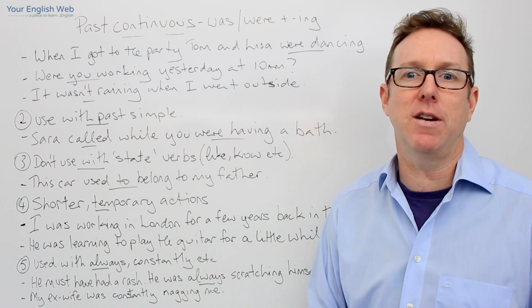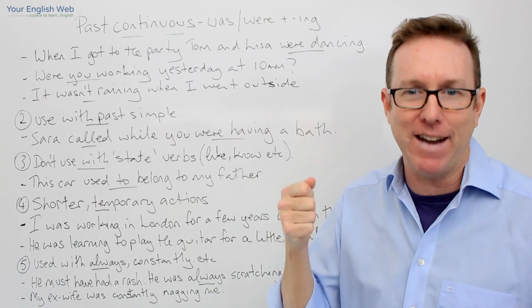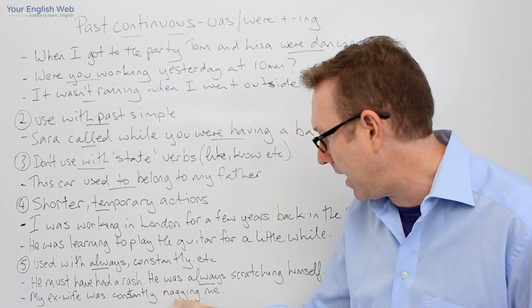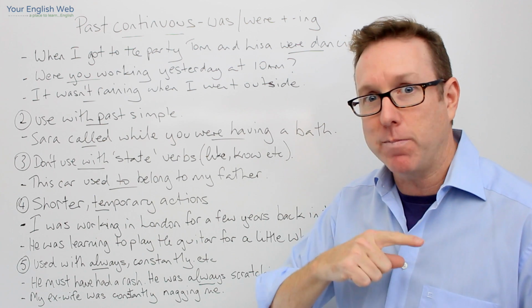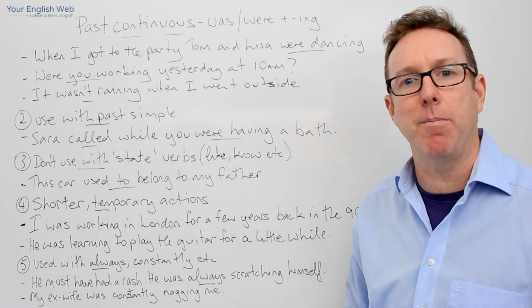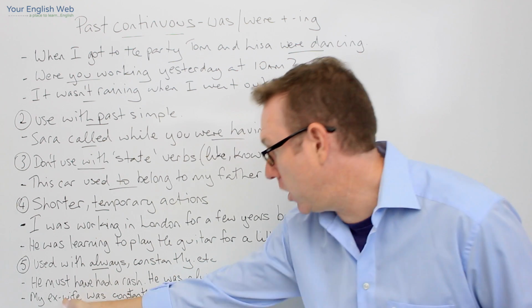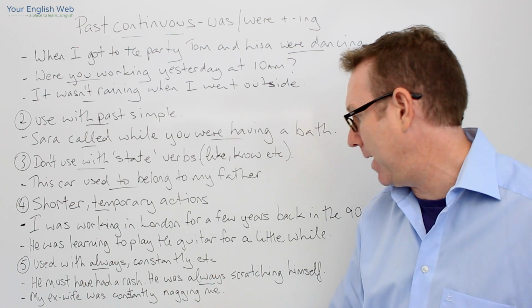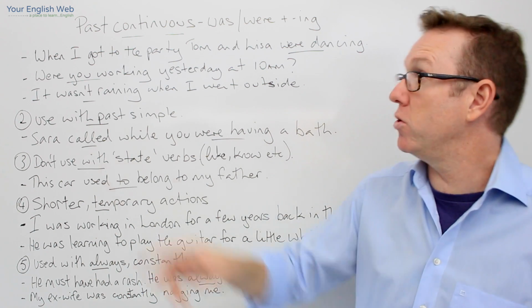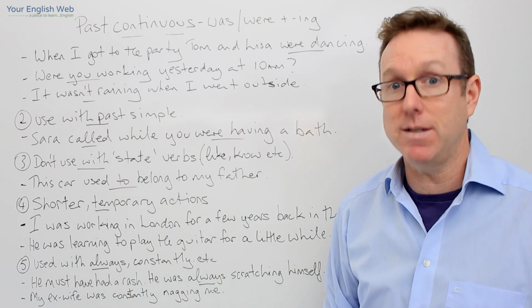She was constantly nagging me. Bang, bang, nag, nag, nag, nag, nag. When I was married to her, my ex-wife, she was constantly nagging me. It's probably why we got divorced, because she was constantly nagging me, okay? So with always, constantly, etc., we can use this past continuous tense.